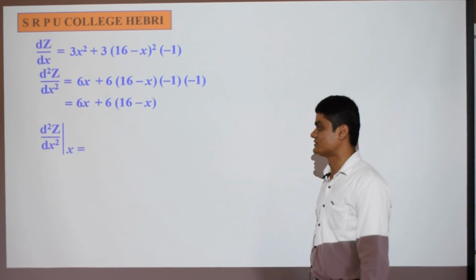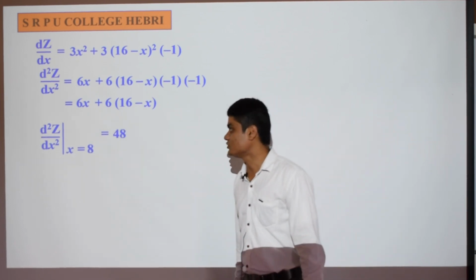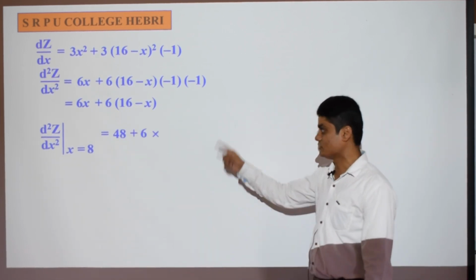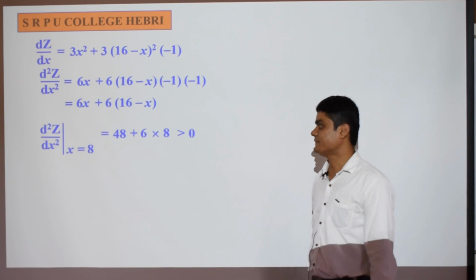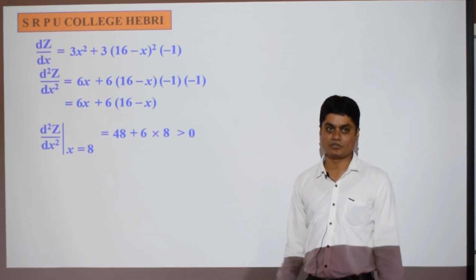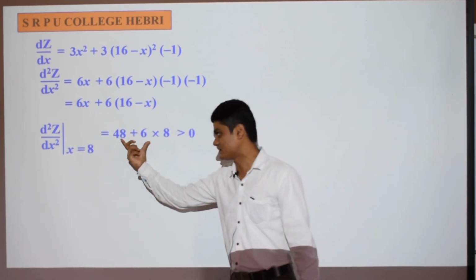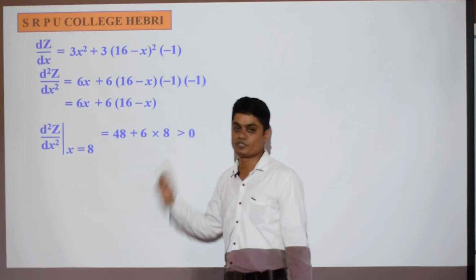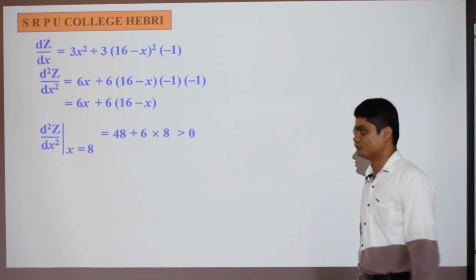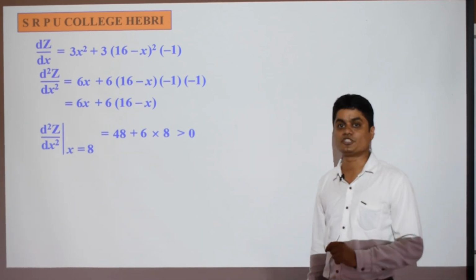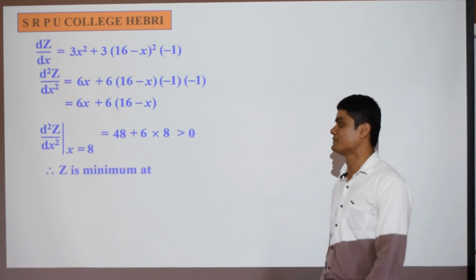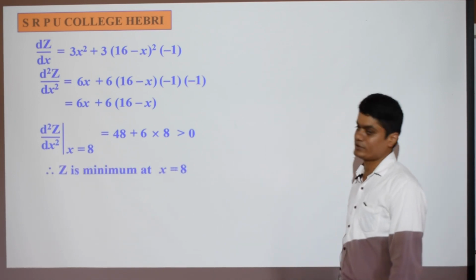Then substitute x is equal to 8, definitely it will be a positive number. No need to get exactly what it is. Here everything is positive, so this sum should be positive. So the second order derivative is positive, then z is minimum at x is equal to 8.